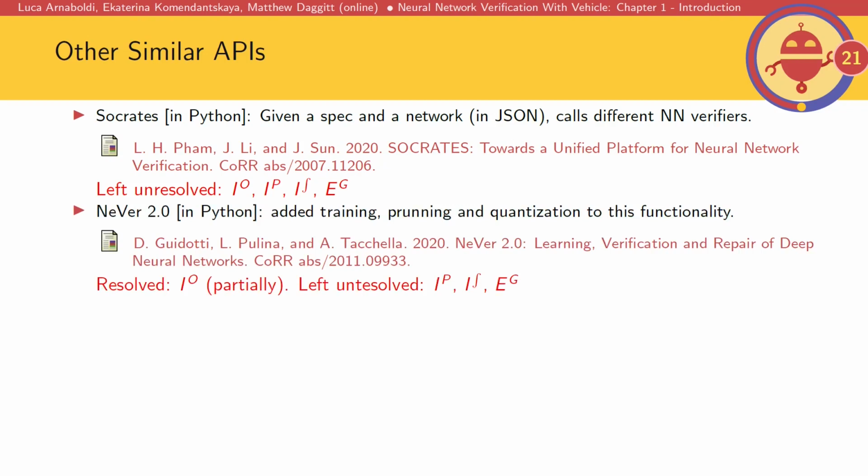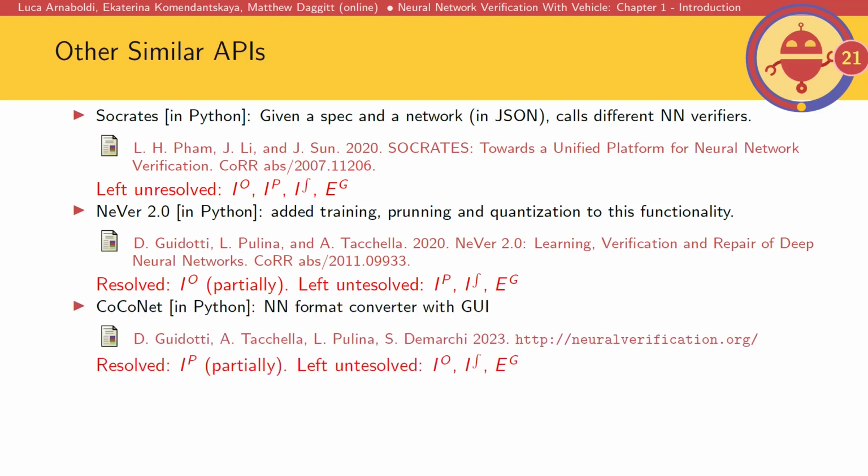Then there was Never 2.0. It was building upon Socrates, but also added training, pruning, and quantization to the functionality. So in the same tool, you could also do some training. So in that sense, it started to solve the problem of interoperability. So you have a single tool to do verification and training. That's good. But it left unresolved the other 3 problems.